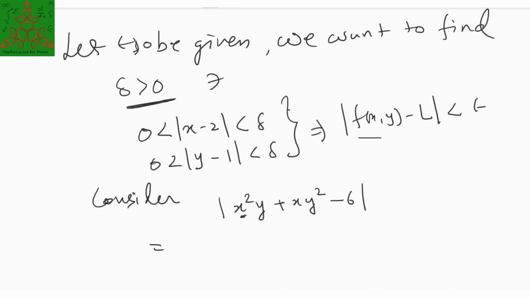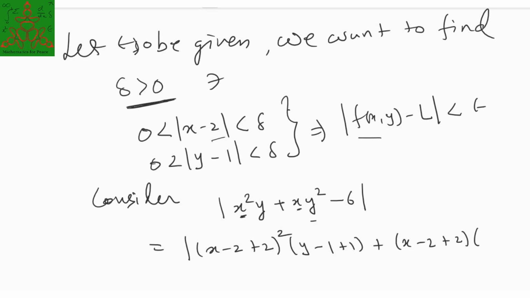Instead of x you just write x minus 2 plus 2. So you are adding and subtracting 2 here, and adding and subtracting 1 in the place of y, minus 6, mod.